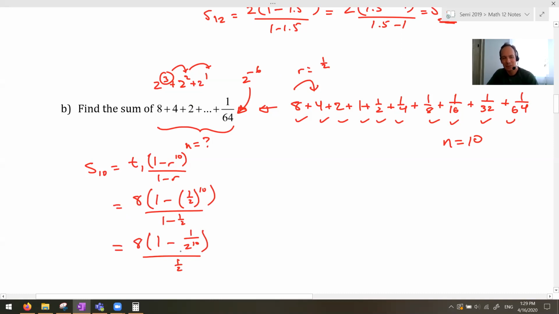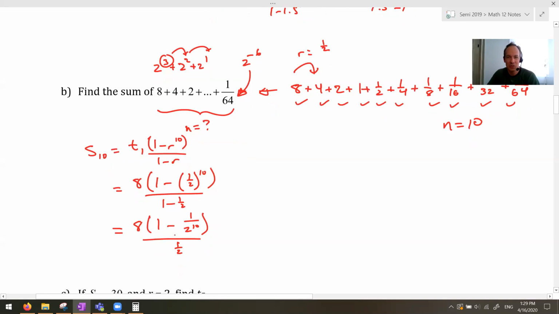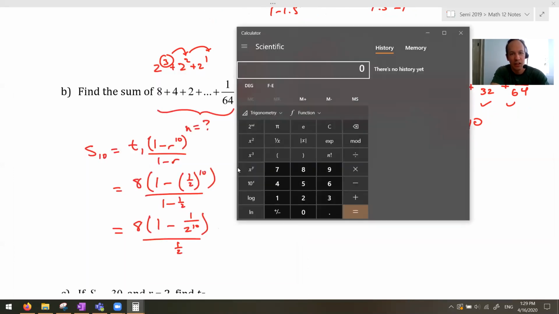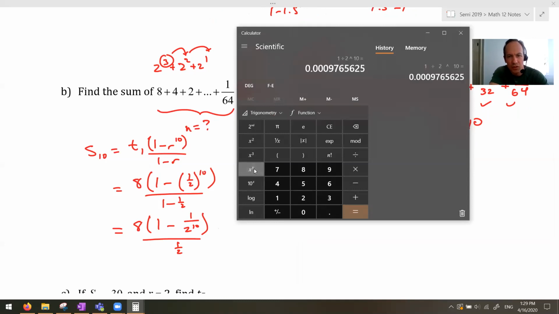So again, this is something you could maybe attempt to do without a calculator, but it's going to be a little challenging, so I'm just going to jump out of here and go to the calculator. We've got 1 divided by 2 to the power of 10. I really hate this Windows calculator.